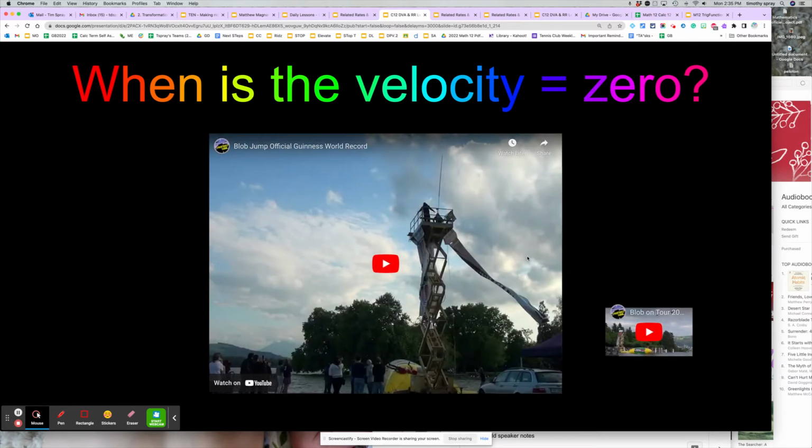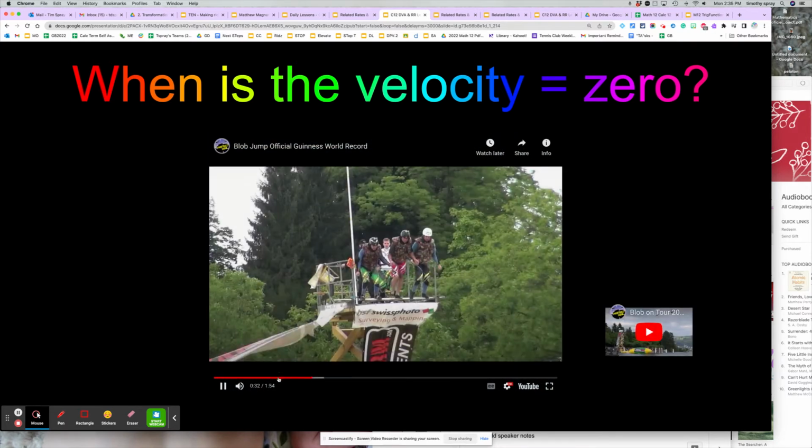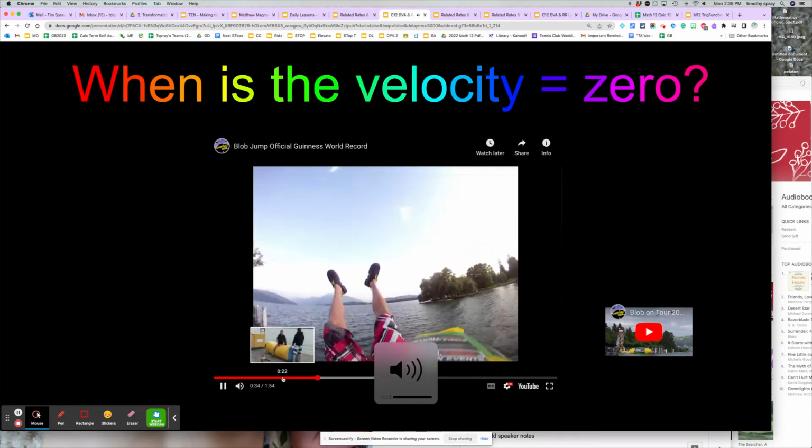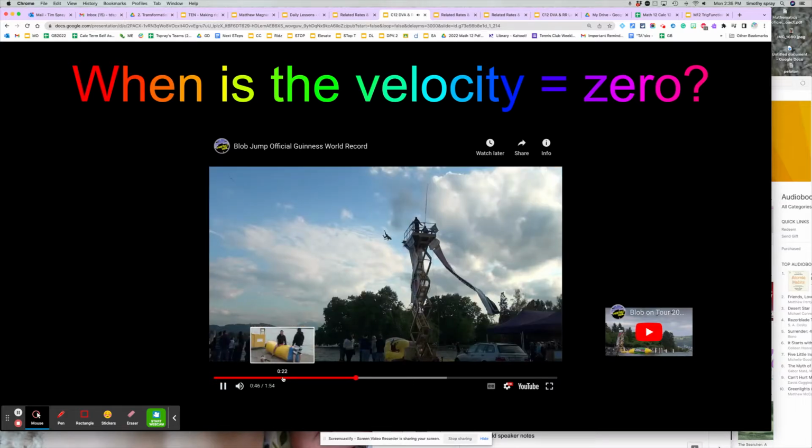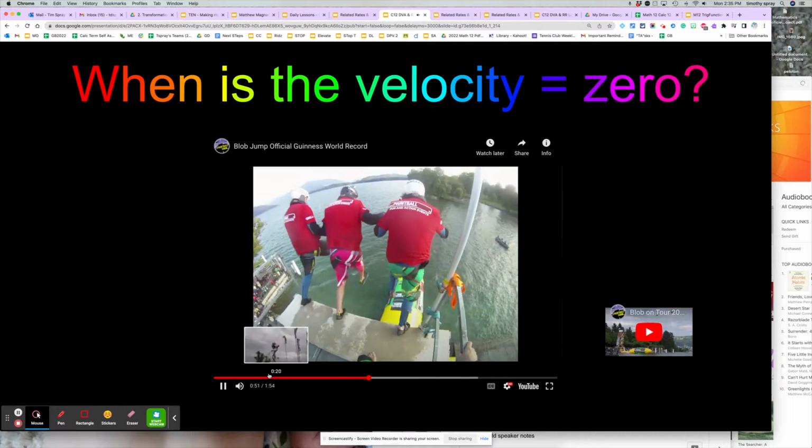Okay? So I thought I'd just show you this cute little clip just to start off. This is the world record for the blob jump, and you can see that this person is being thrust into the air. And I'm curious, as you watch this guy fly, can you tell when the velocity is changing? Is there ever a time where it's super easy to say what the velocity is?